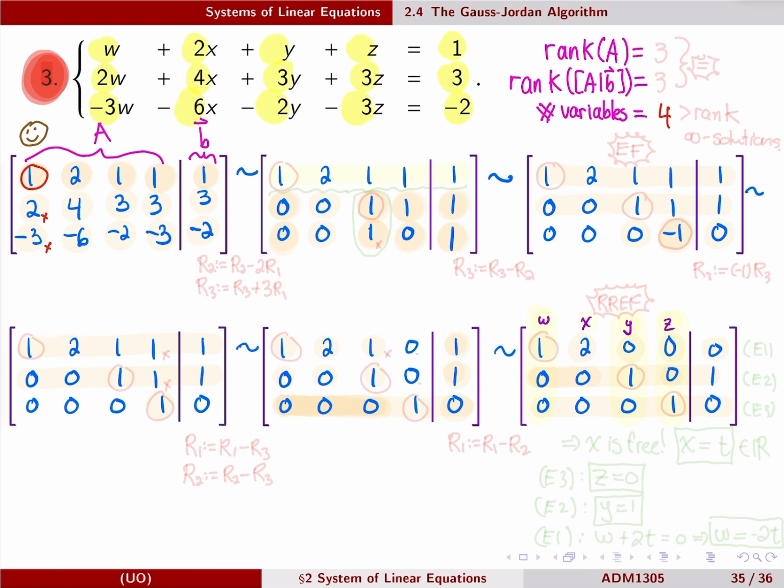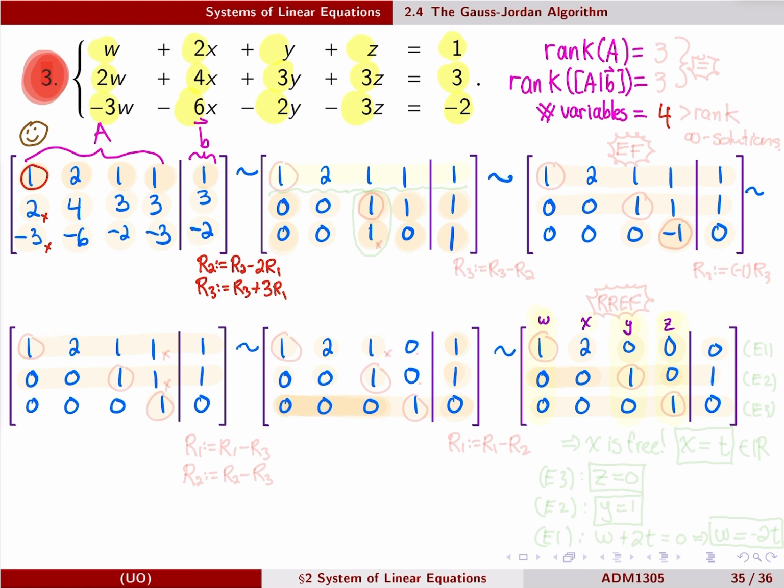So what do you do for that 2 in equation 2, or row 2? Row 2 will be row 2 minus 2 row 1. That will get rid of that 2. And for that minus 3, we're going to go row 3 is row 3 plus 3 times row 1.